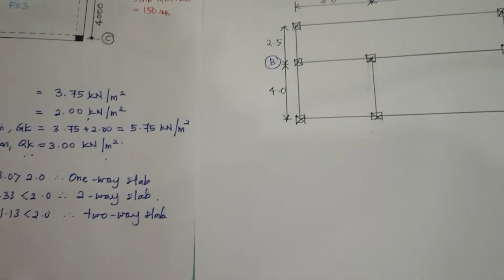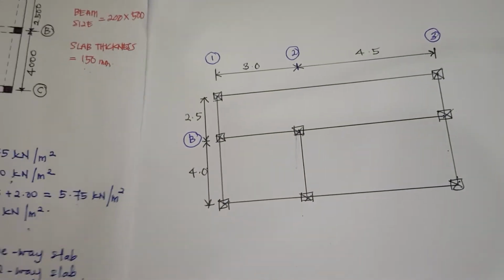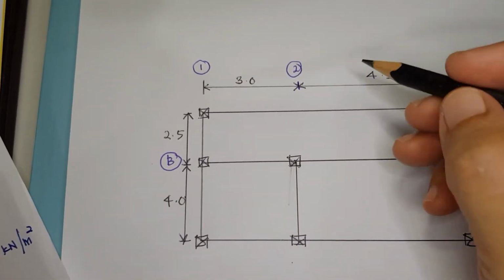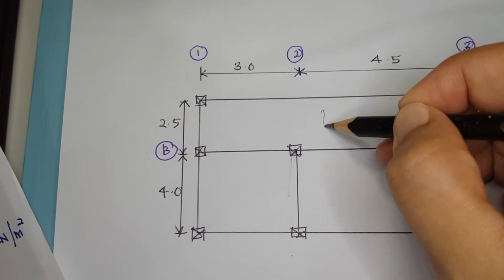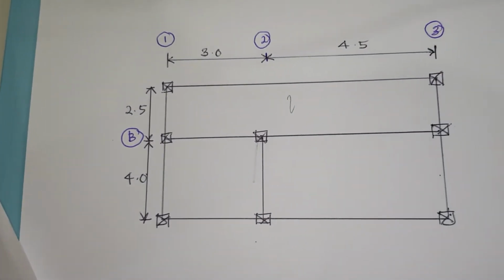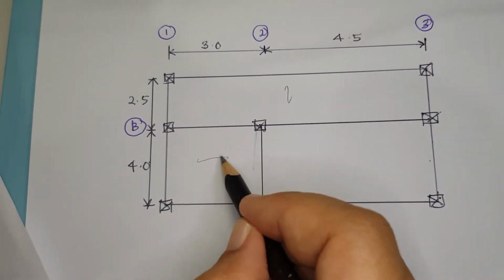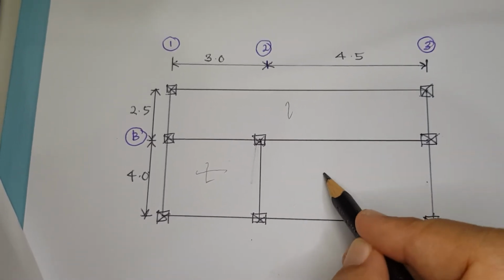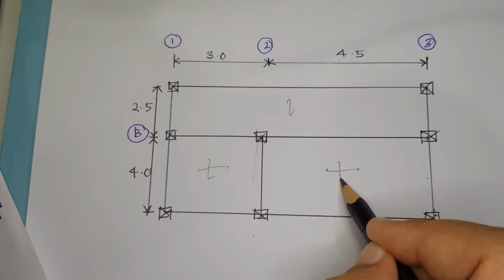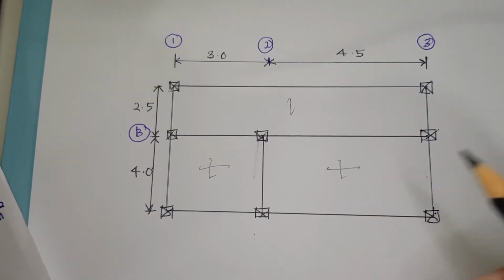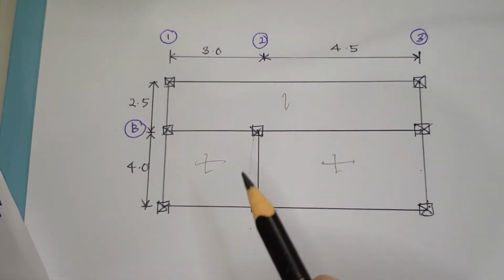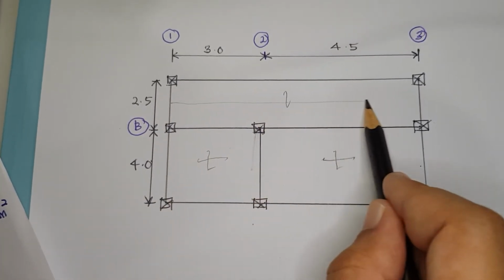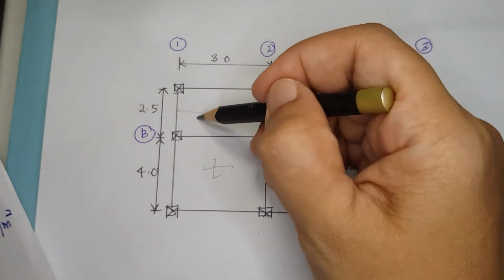We continue. So slab number 1 is one-way slab. Slab number 2 is two-way slab. Same with slab number 3. So we draw the distribution like this.